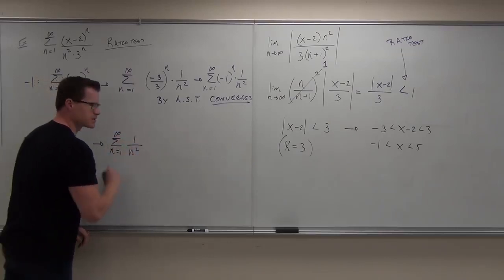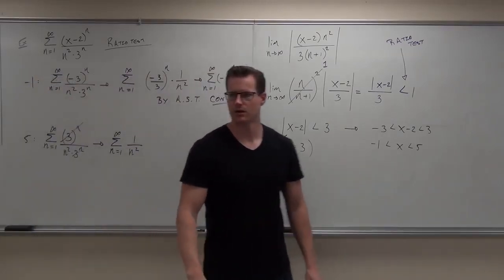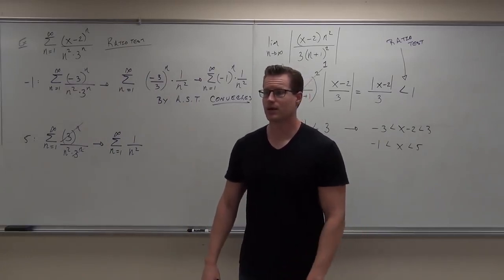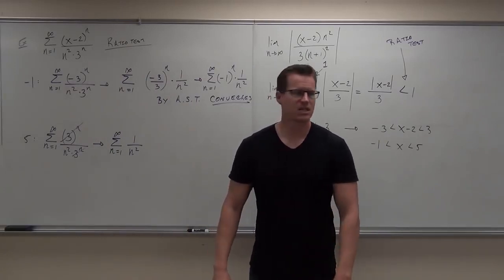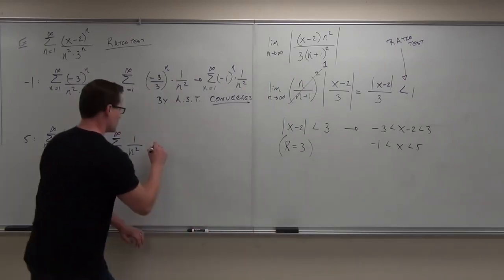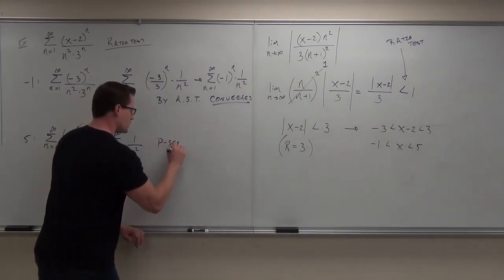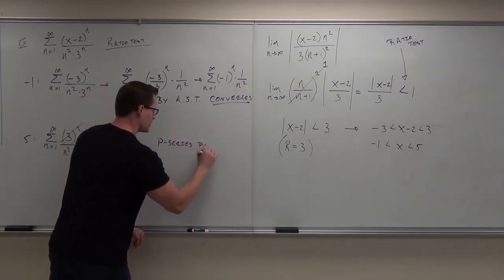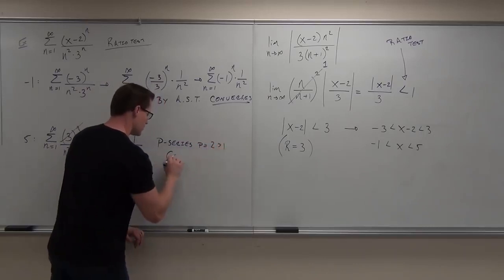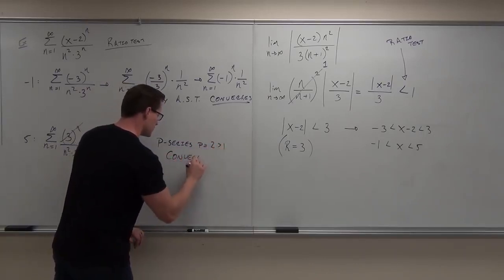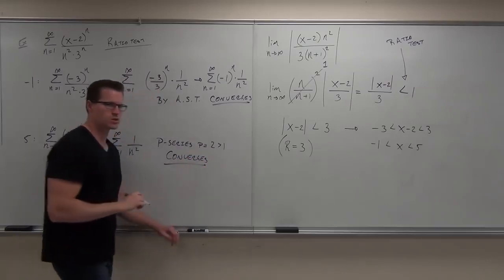Tell me something about 1 over n squared. That's a P series. Tell me about the P series. P equals 2, greater than 1. P series, P equals 2, that's greater than 1.